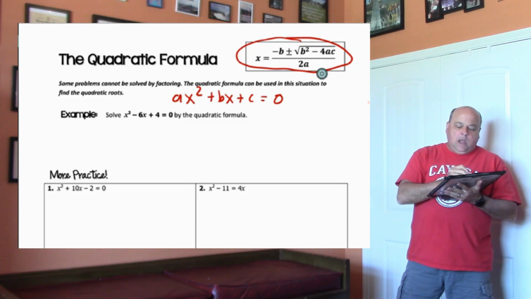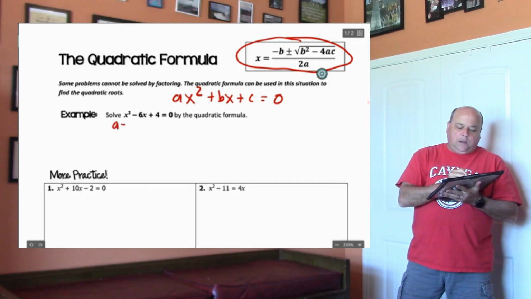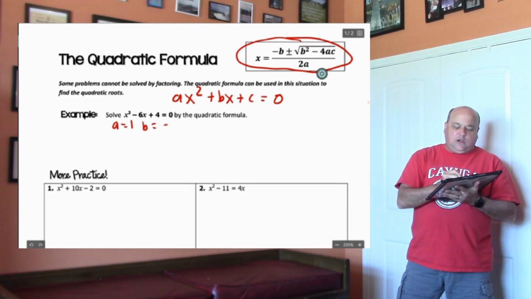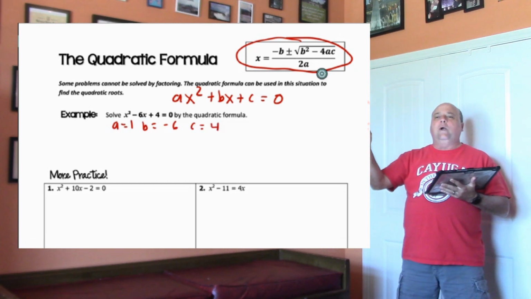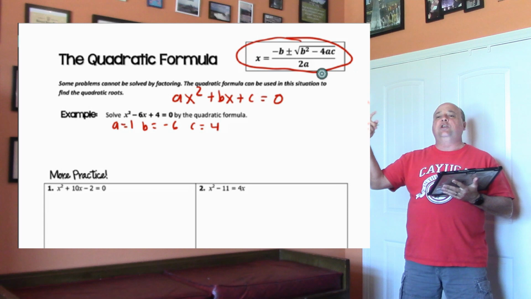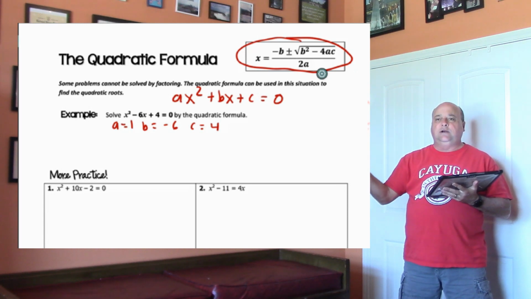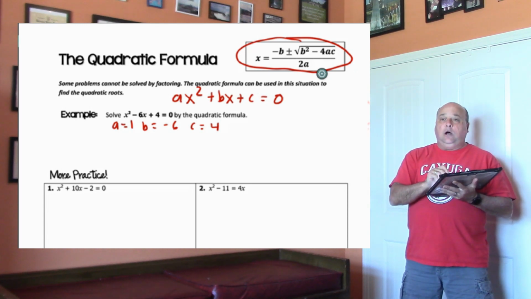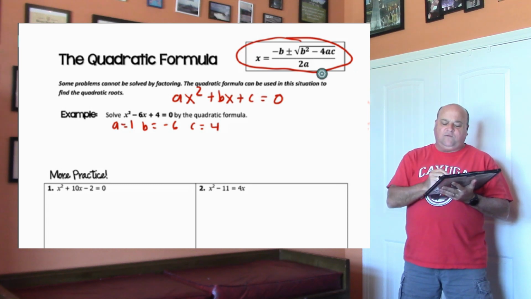So let's get going. On this problem right here, I'm going to put below it a equals 1, b equals -6, and c equals 4. Now then, we're going to write down the quadratic formula, but we're going to use parentheses instead of the letters. Okay? So always remember, the quadratic formula is up here on the paper. When we turn the paper over, we'll flip it again.